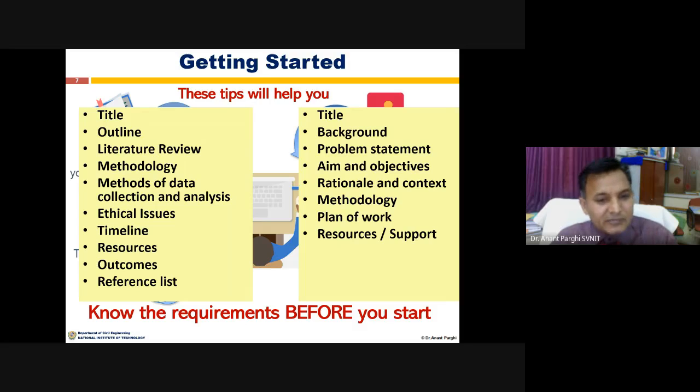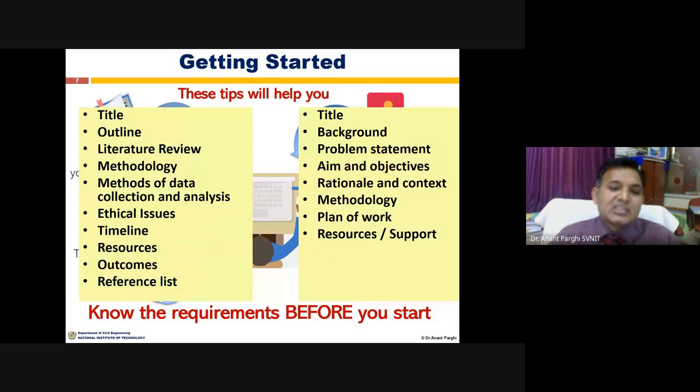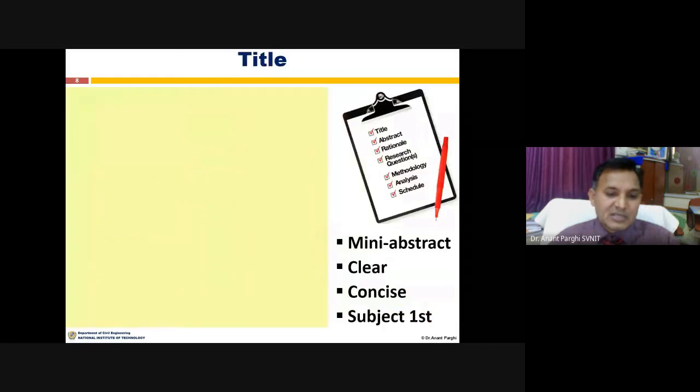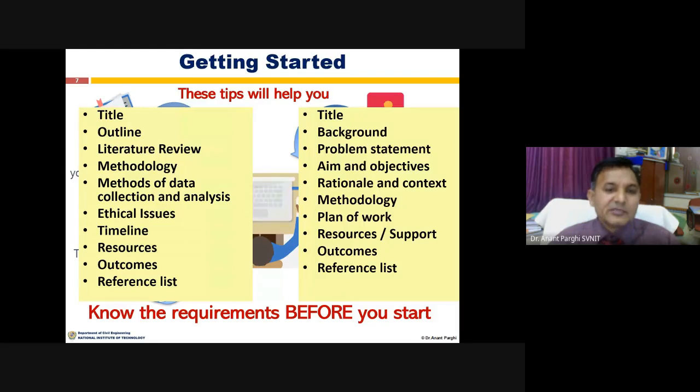Sometimes it is available in your department, and at that time you need to write that this software is available, so we do not need funding for that. You should be completely specific. Whatever you write should be a clear, logical answer. Then what is the outcome of your research, and then the reference list. So it is very, very important.